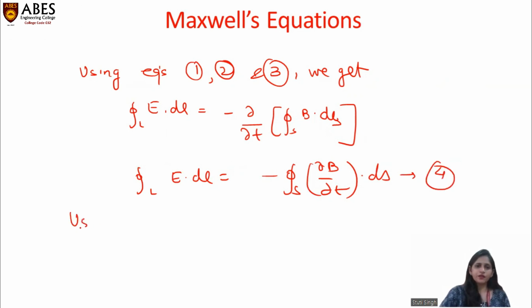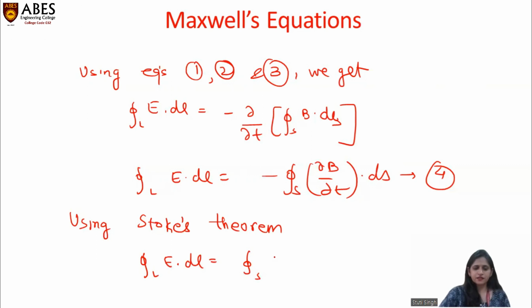Now over here we will be using Stokes theorem that we revised in the first video. What is the role of Stokes theorem? It will convert line integral into surface integral. So using Stokes theorem, line integral E dot dl is equal to surface integral curl E dot dS. Now this is equation number 5. Now we can substitute the value from equation 5 in equation 4.